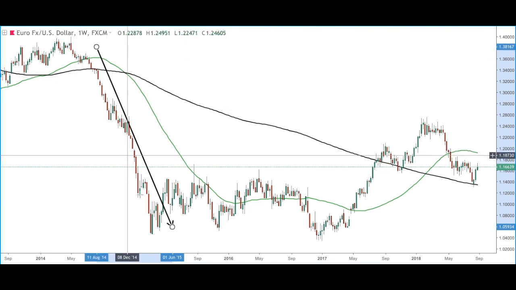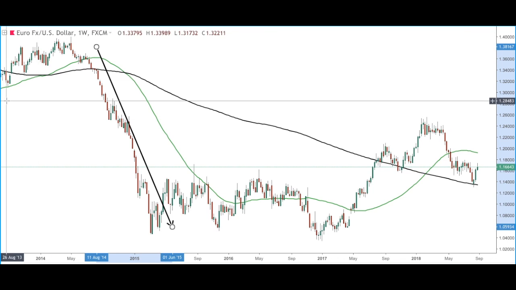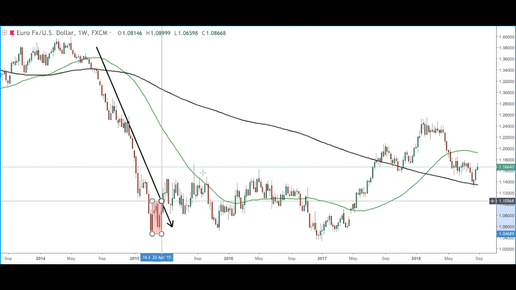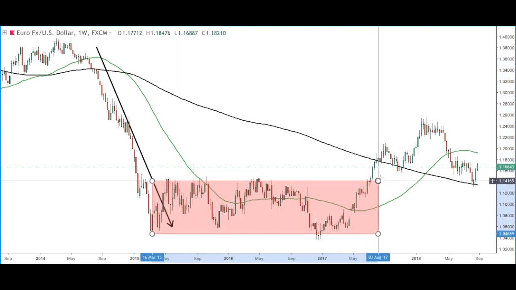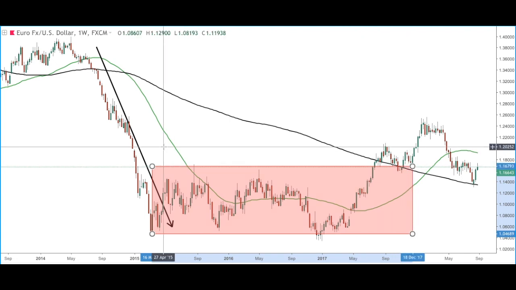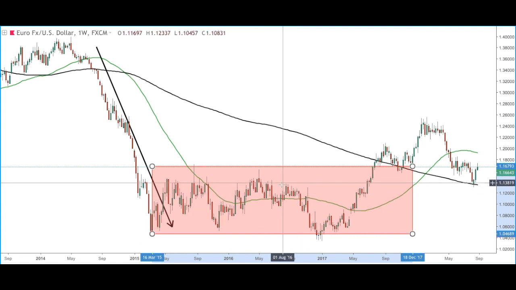After every big move, price goes through a breather or a period of consolidation. And as you can see, after this big move to the downside, price retraced and went through this period of consolidation. This is where we do not want to be entering any new positions, and again, standing aside and preserving our capital.